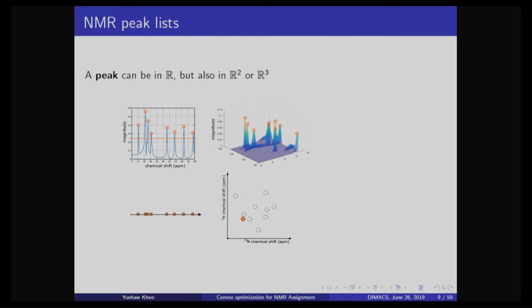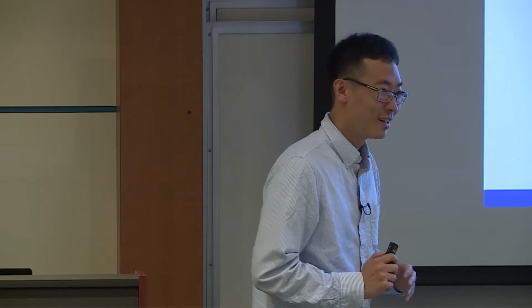This allows you to pass the frequencies from the spectra to the atoms in the protein. I hope this procedure is clear. Please ask me a question at this point if I didn't do a good job in explaining.